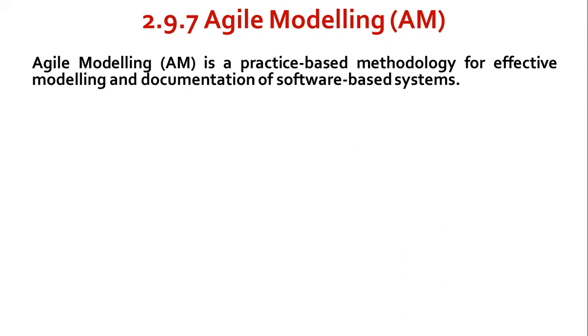The agile modeling philosophy recognizes that an agile team must have the courage to make decisions that may cause it to reject a design and refactor. The team must also have the humility to recognize that the technologists do not have all the answers, and that the business experts and other stakeholders should be respected and embraced.